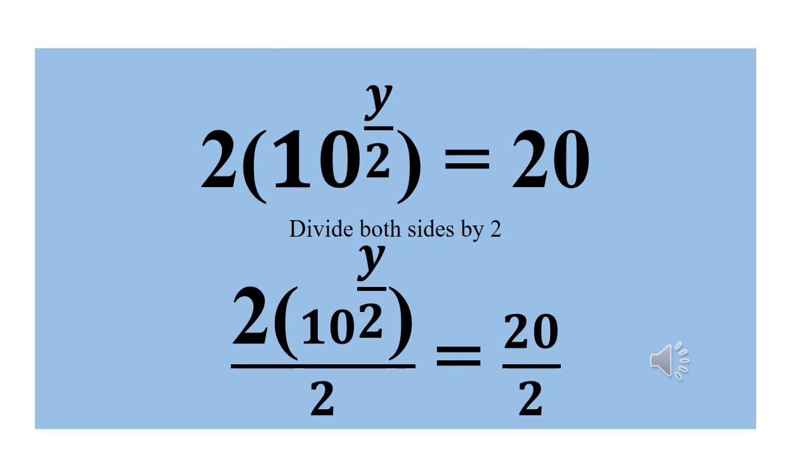Now from here we can divide both sides by 2 to eliminate the 2 as the coefficient of 10 raised to power y over 2. So if we do that, we have 2 times 10 raised to power y over 2 equals 20 over 2.